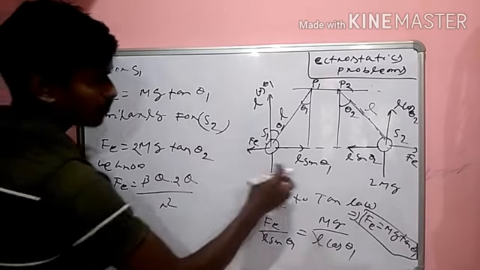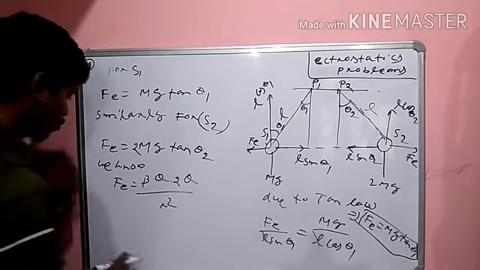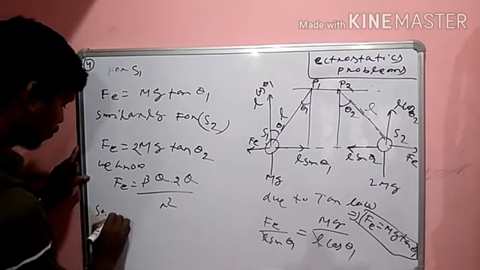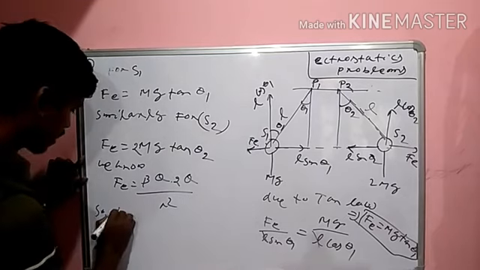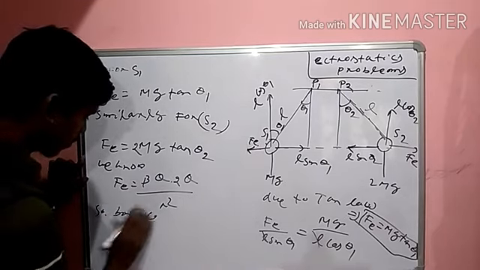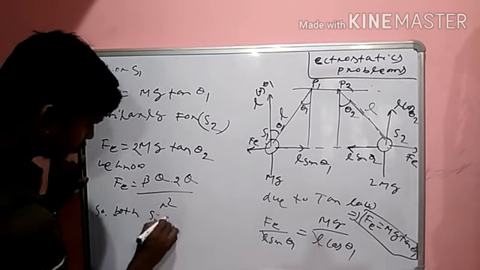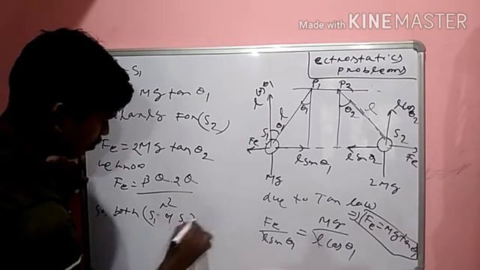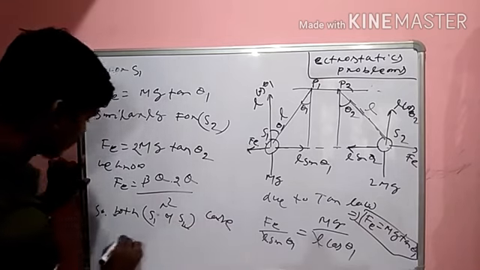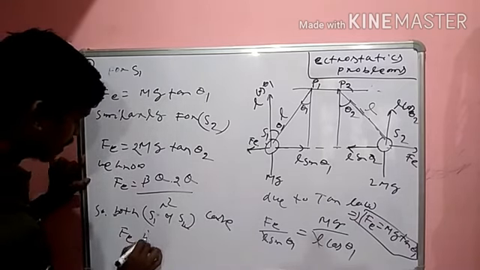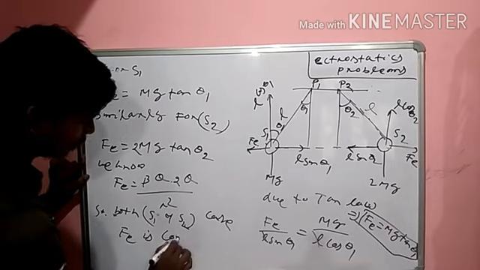Suppose this is the distance r. So for both S1 and S2 cases, F is constant.